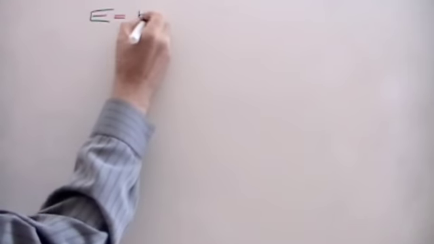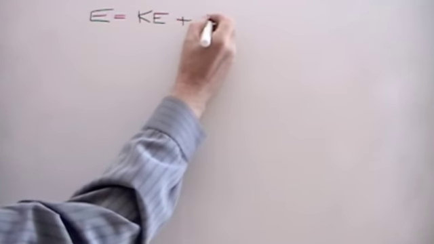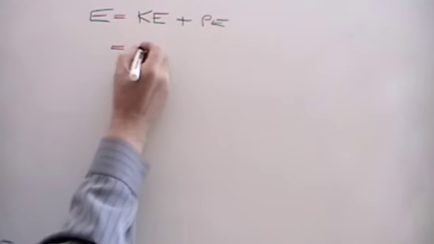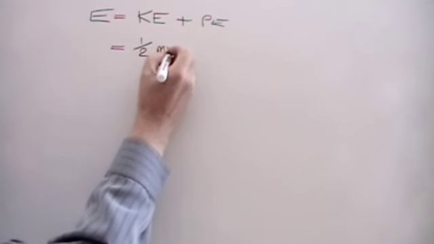So now let's see if we can also apply it in quantum mechanics. Now we know that energy is kinetic energy plus potential energy. That's classically how we think of it. And in classical terms, the kinetic energy is a half mv squared.